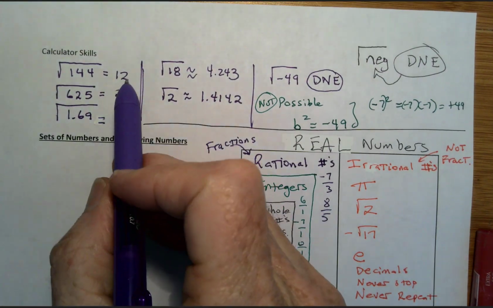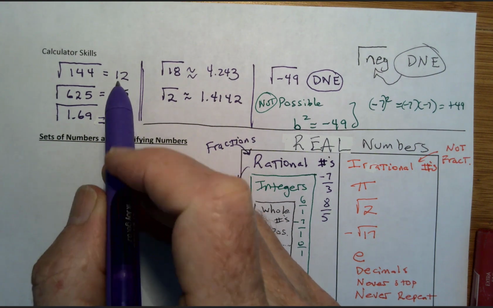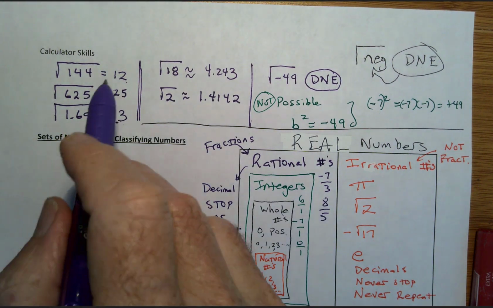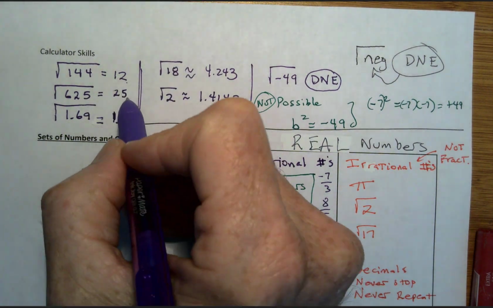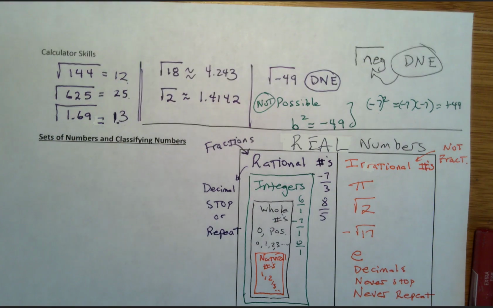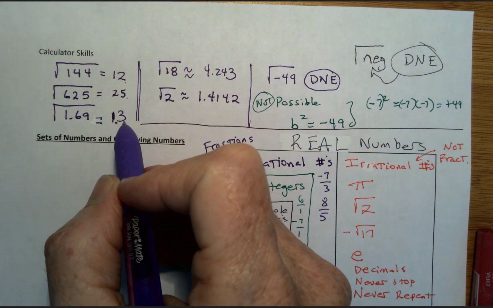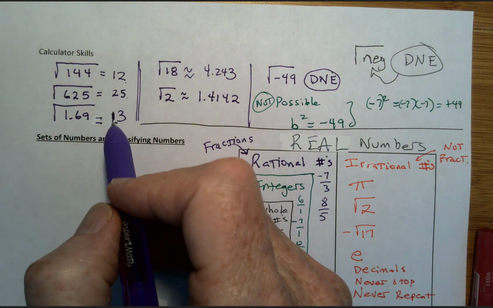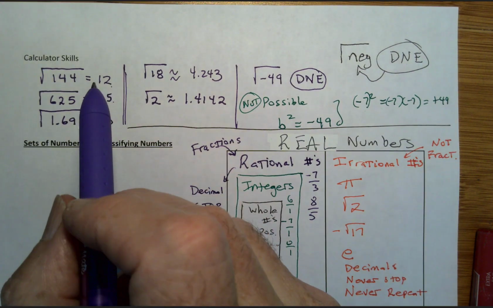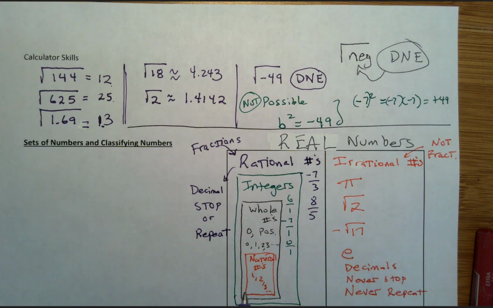So like 12, the decimal stopped, there's no tenths or hundredths. 25, the decimal stopped. 1.3, the decimal stopped after 3 tenths. These are rational numbers, and we know because their decimals are stopping.